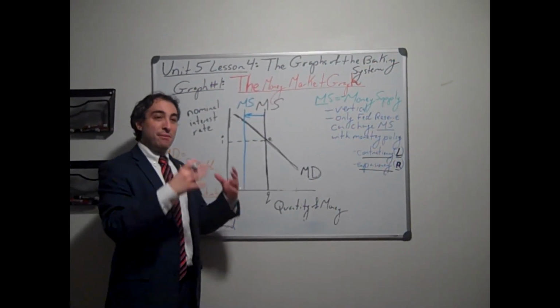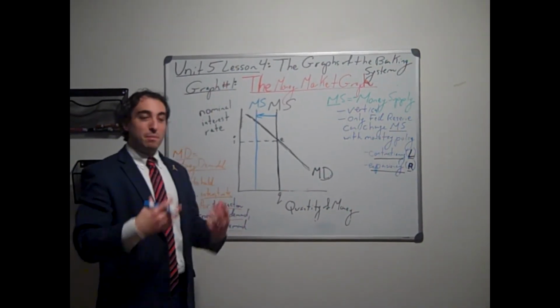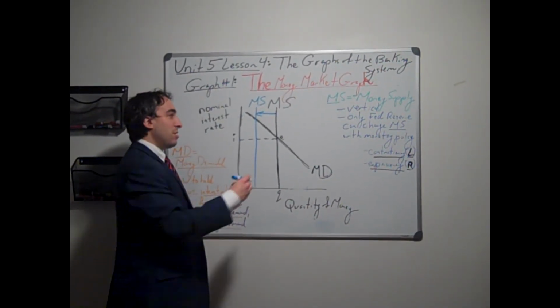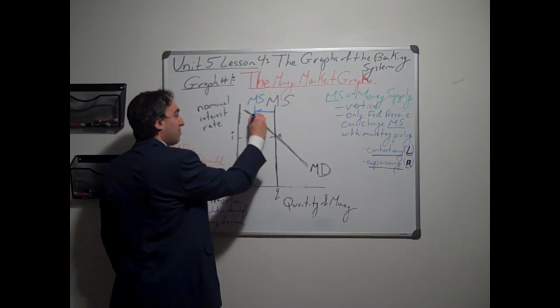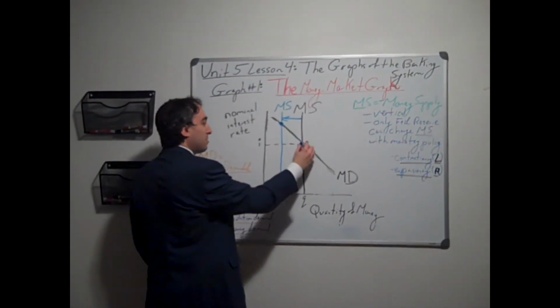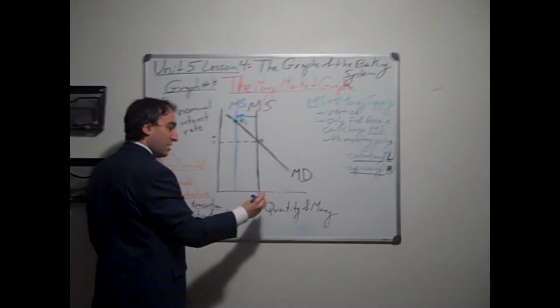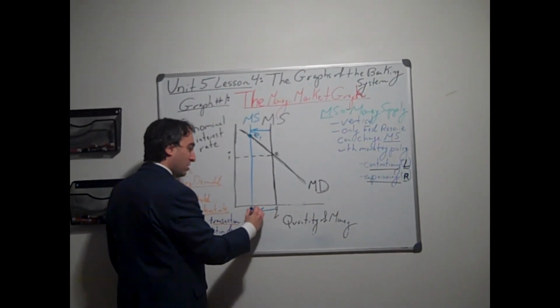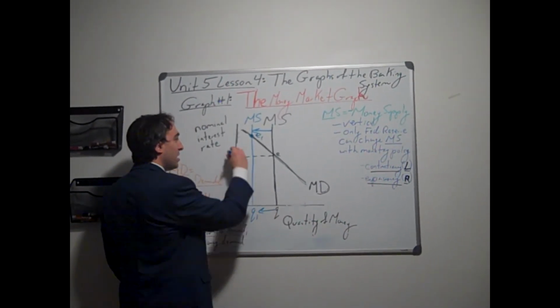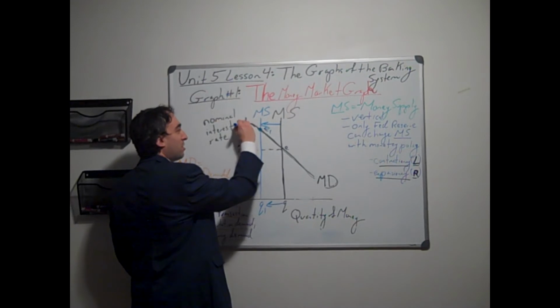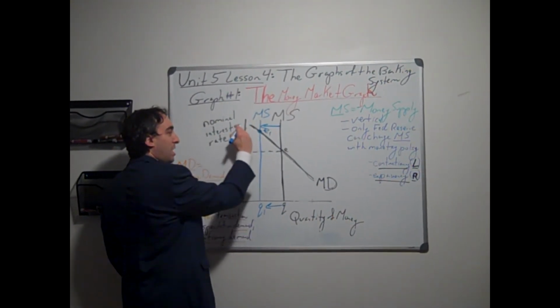As the banks have less money, the banks will raise their nominal interest rate, and we see here equilibrium moves from E to E1, quantity of money goes from Q to Q1, and the nominal interest rate goes from I to I1.